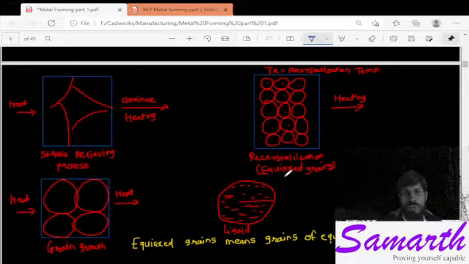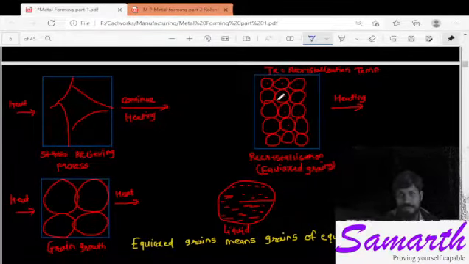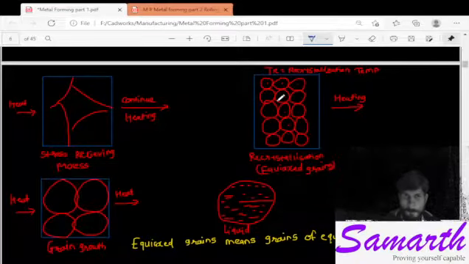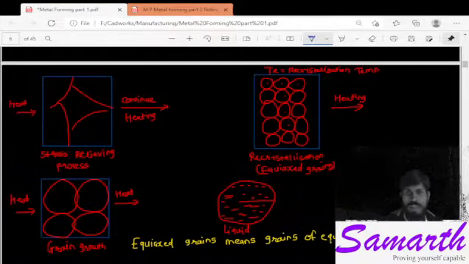Then you will see equiaxed grains. That means the grain sizes of all these grains will be similar, or there will be an average diameter to all the grains. Equiaxed grains means grains of equal average diameter.